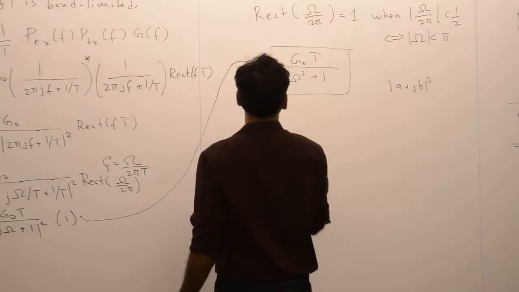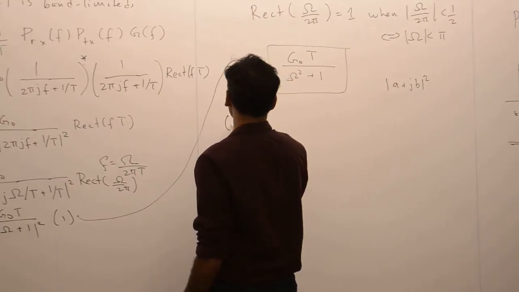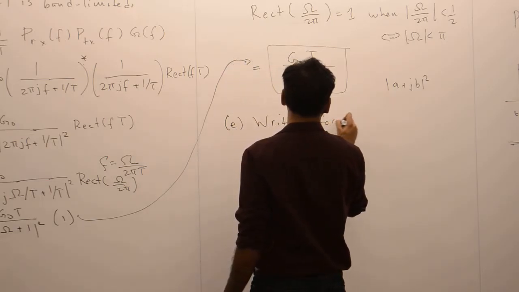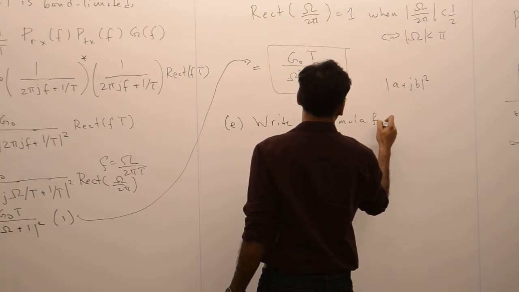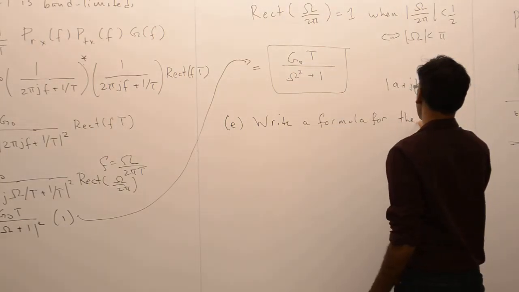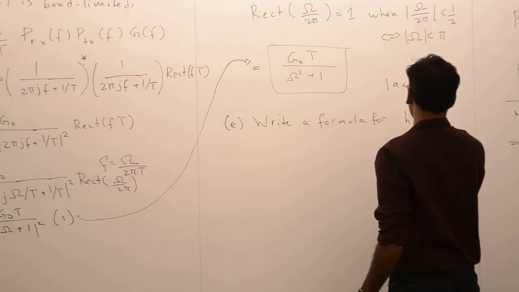All right. So, what are we on? B, C, E. Write a formula for HK, basically. All right.